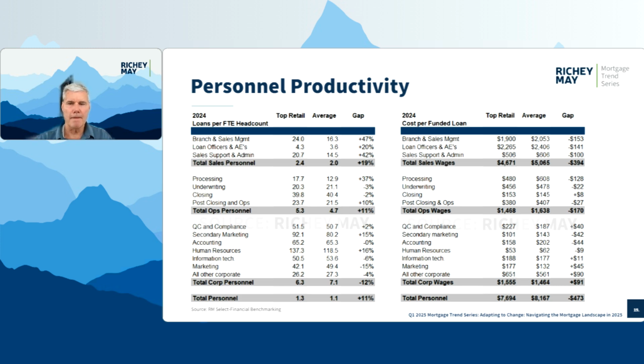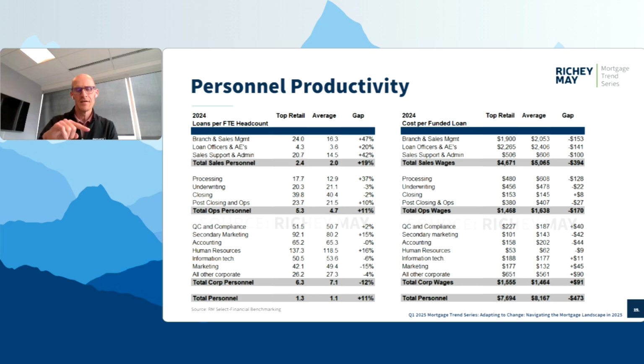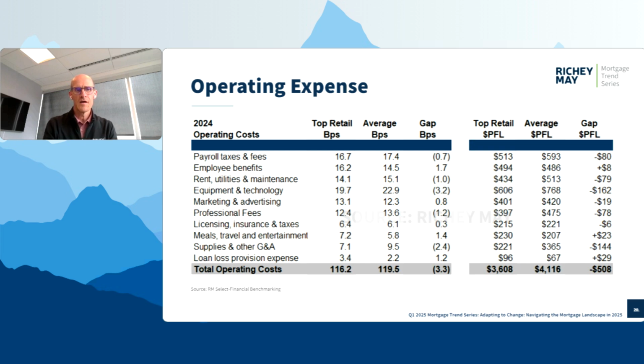Yeah, and what's interesting here, and we'll see this on the next slide, but you can see here that that's the case in both IT and marketing. They're less efficient there, but when we get to the next slide and we look at operating expenses, they're actually spending less on technology. So if you go down there, fourth item down, equipment and technology, they're spending less.